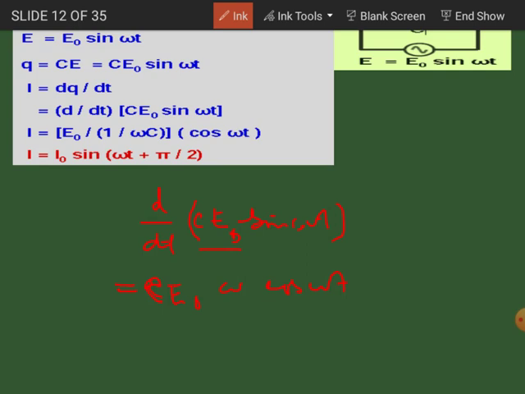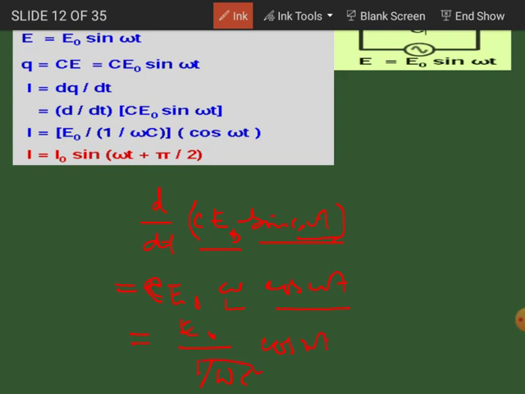Differentiation of sine of omega t gives cosine of omega t, and differentiation of the angle omega t gives one omega, okay? But this can be rewritten as E naught divided by 1 by omega C, times cosine of omega t, in this way.